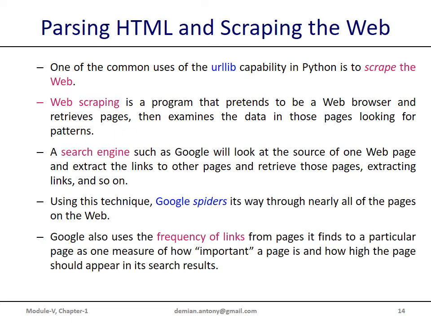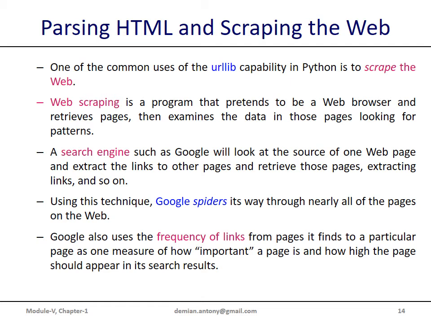If we see the Google search engine, what it does is it starts from one page, called the source, and finds all the links from that page to other pages. It goes to those links, extracts those pages and the links in those pages, and this process is continued to extract all the pages.